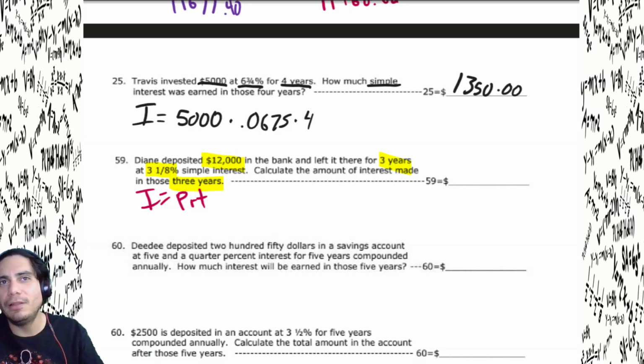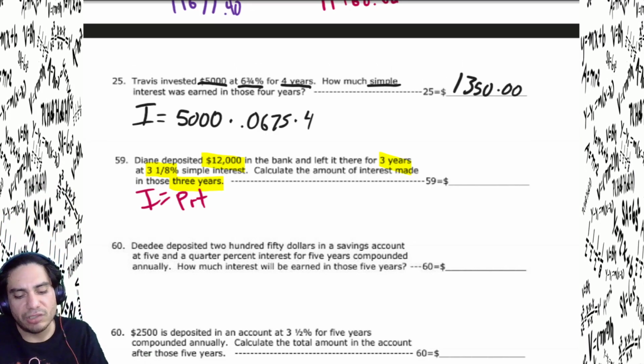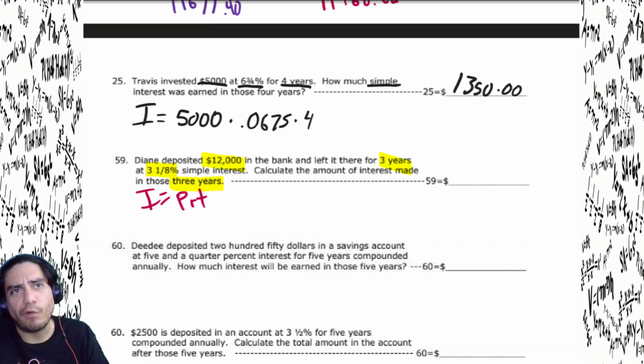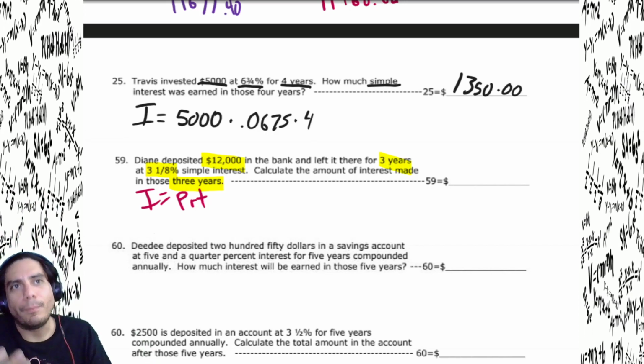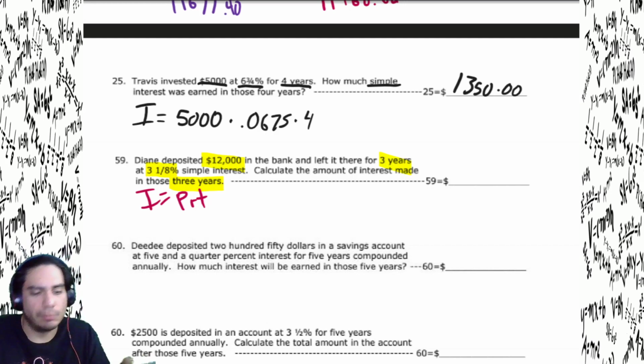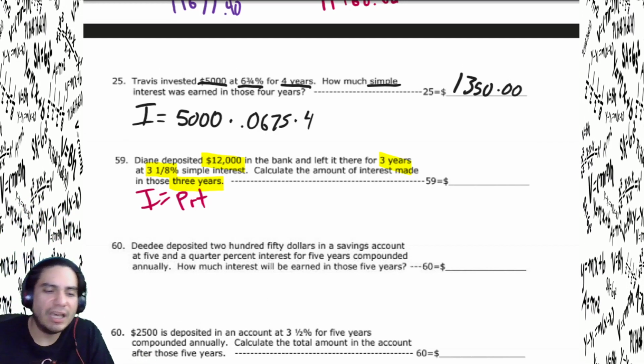Okay, sorry about that. I'm a little excited here. So we're just going to get 12,000. Enter it. 0.03125. Look, I'm a math guy, I know these fractions. But if you don't, you hit 3.1, 0.8, enter, 100, divide, and change it to that decimal. And then we multiply by 3, and we got ourselves our answer.